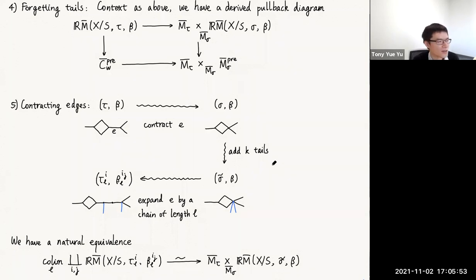And all perfect obstruction theories coming from natural moduli problems come from this derived enhancement.